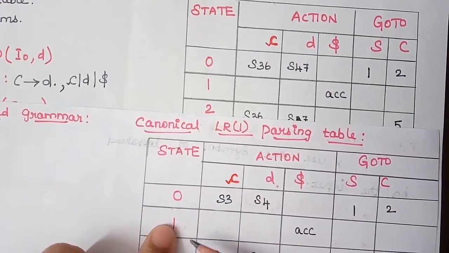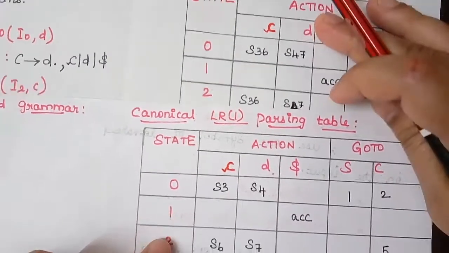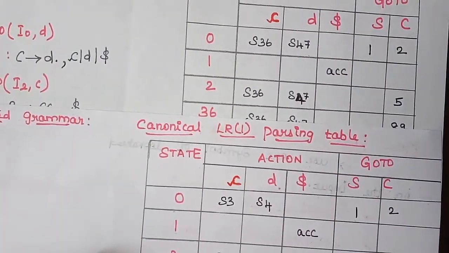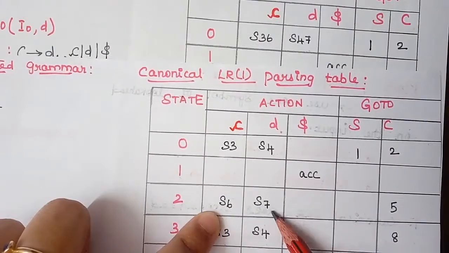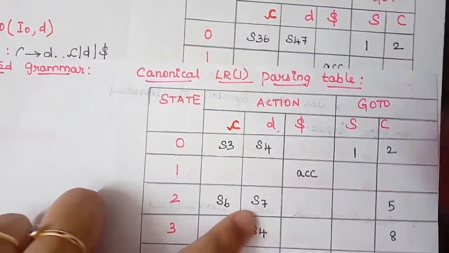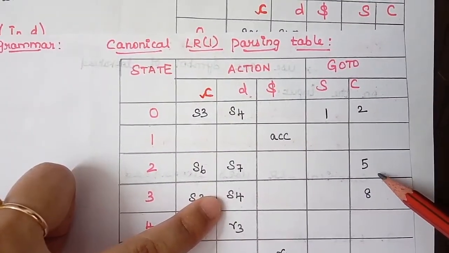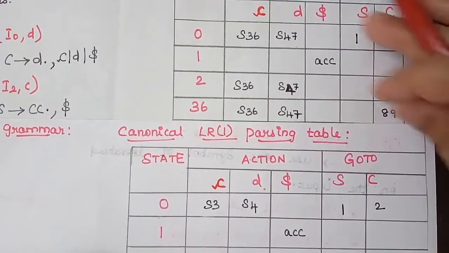Coming to the first state, here we have only accept. Then in the second state we have S6 and S7, so instead of S6 we replace it with S36, and here S47. The remaining 5 stays the same.